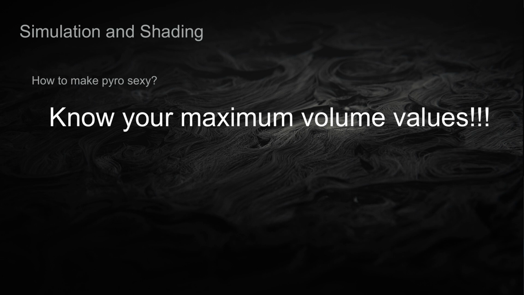I don't mean that you have to know these on every frame, but please make sure that you know the maximum values for density, temperature, flame, etc. on a couple of the important frames that you would use for shading your explosion, because that could really help you to kind of nail down the look of the explosion. And you can find this information on the actual geometry as primitive attributes, and this is automatically created for you using the Pyro subsolver.